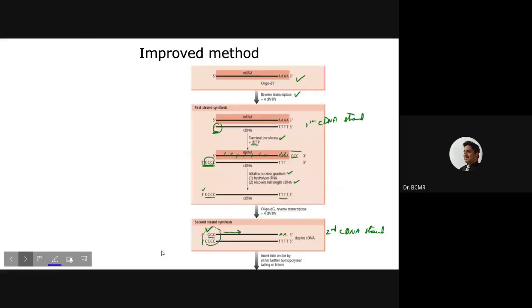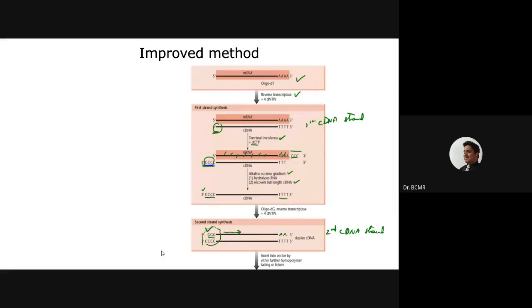In the improved method, we don't want to use S1 nuclease. So here what they use is adding an oligo C. Because I know that it is oligo C on this side, I don't have to use S1 nuclease.